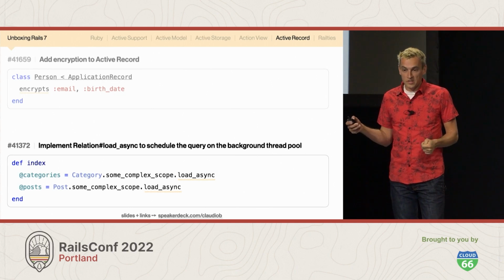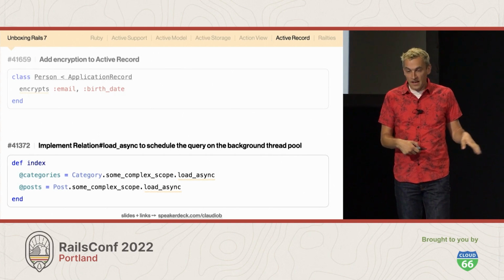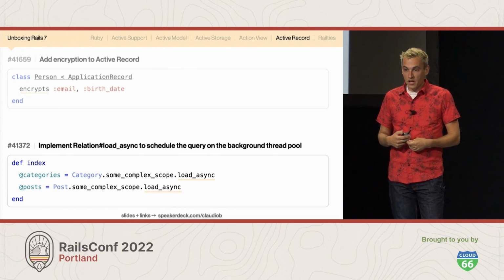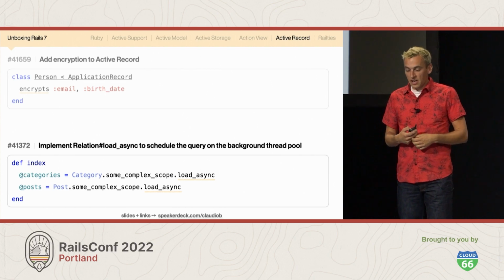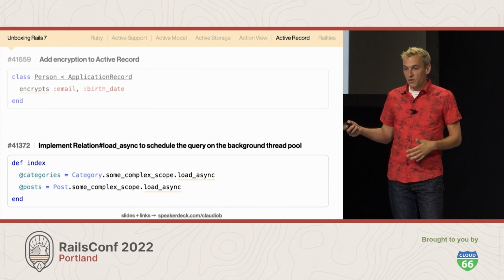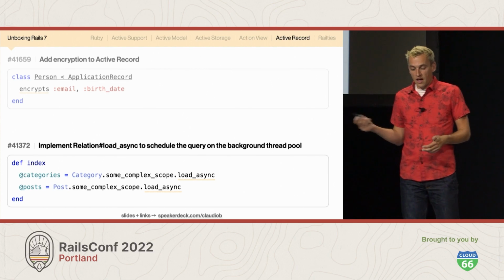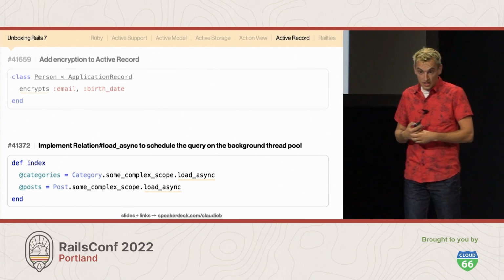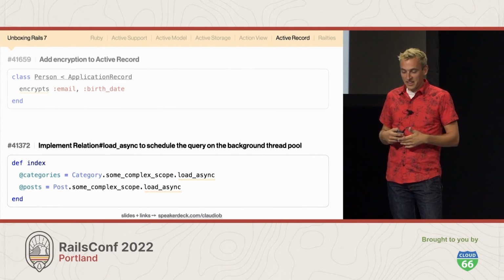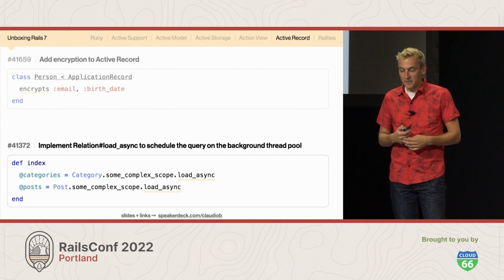So all those queries will be run in the background, and then they will not be blocking. And so this might be great if you have especially queries or scopes that are slow, but that you don't need right away. So you can give this a try. Once again, this API is really, really simple, but the work that it's doing is amazing under the hood.